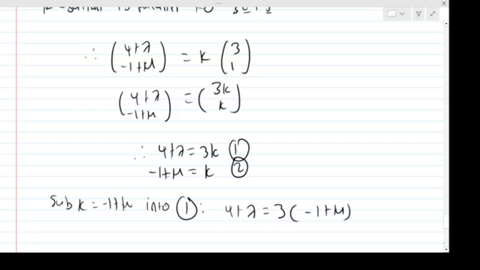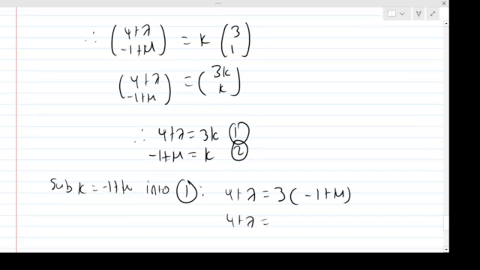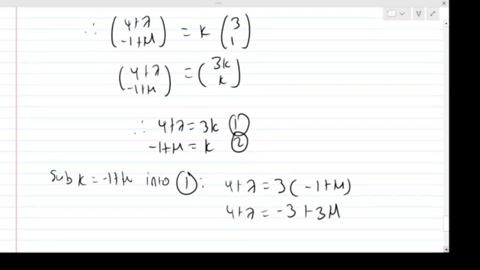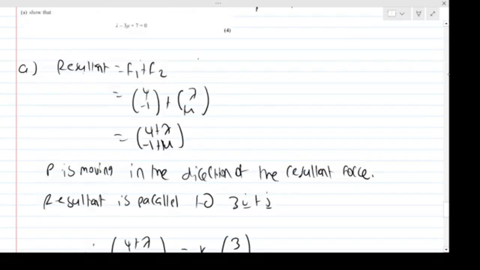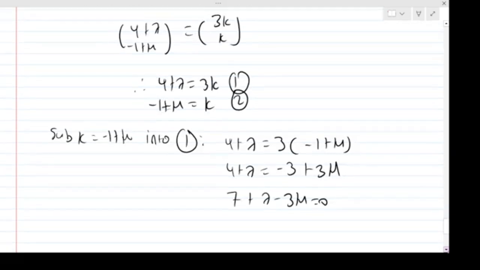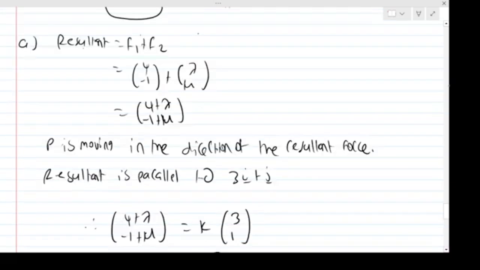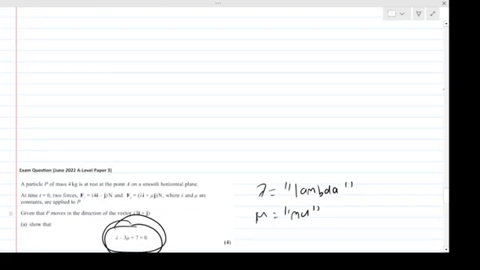If I expand that, I get 4 + lambda is minus 3 + 3 mu. Then if I move everything to one side, I get 4 + 3, that's 7, + lambda minus 3 mu equals 0. Does that match the equation? I need to rewrite it ever so slightly: lambda minus 3 mu + 7 equals 0. And now that matches exactly the equation I was given.